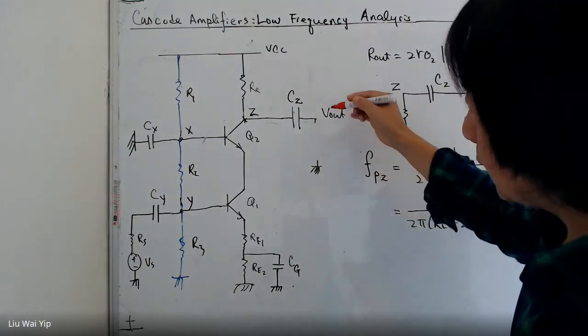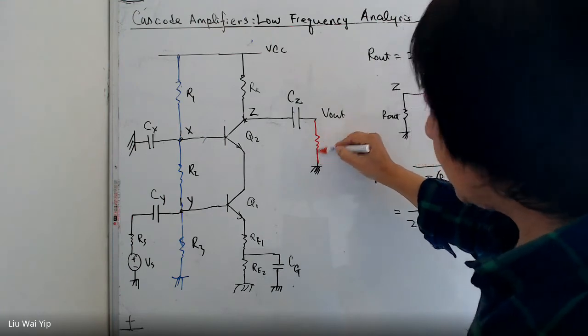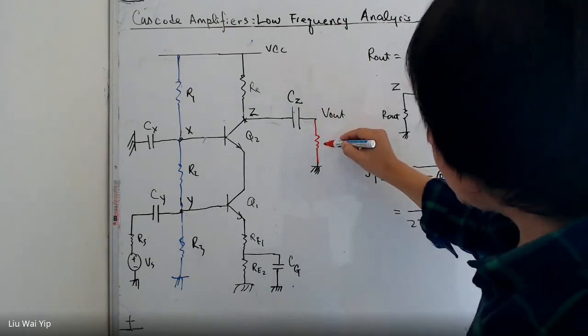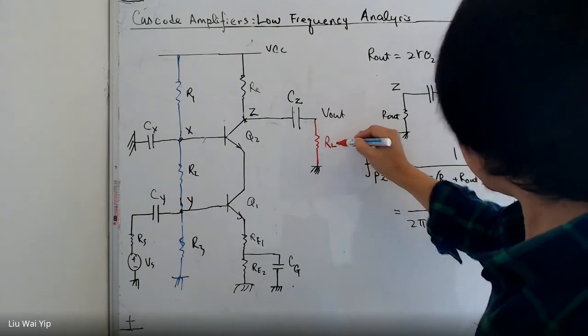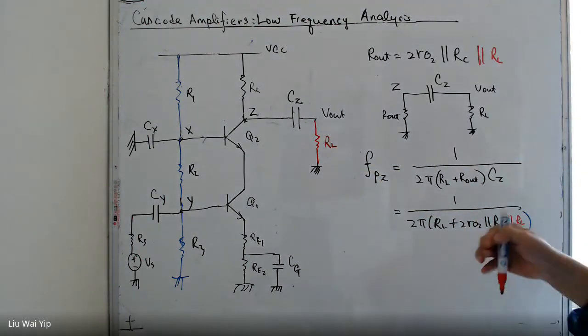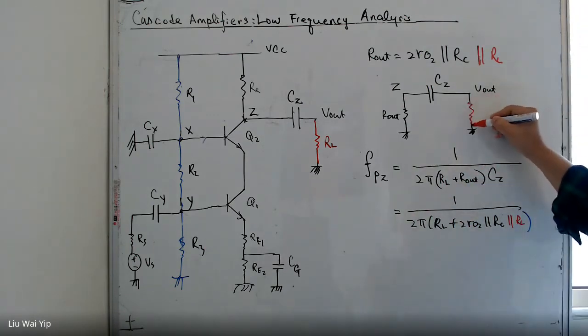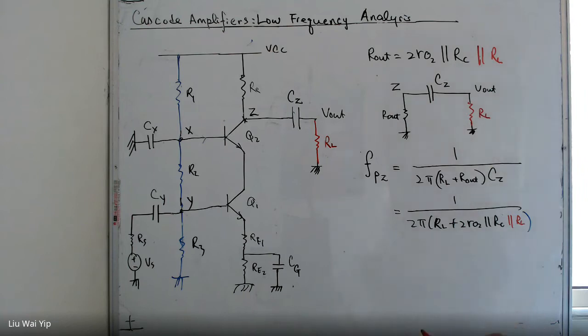Without the RL, there isn't any pole associated with this capacitance. I hope you understand what I'm talking about. So this is the pole frequency.